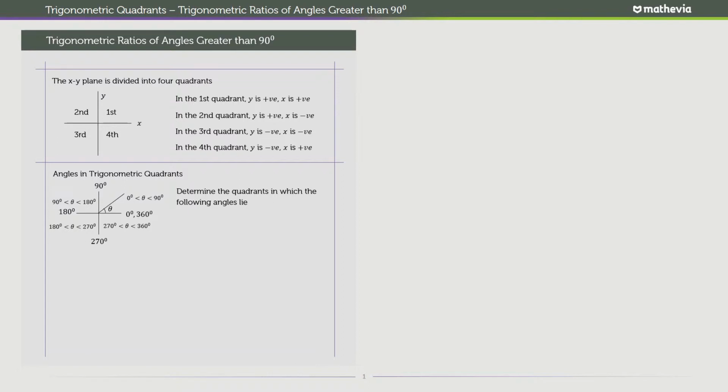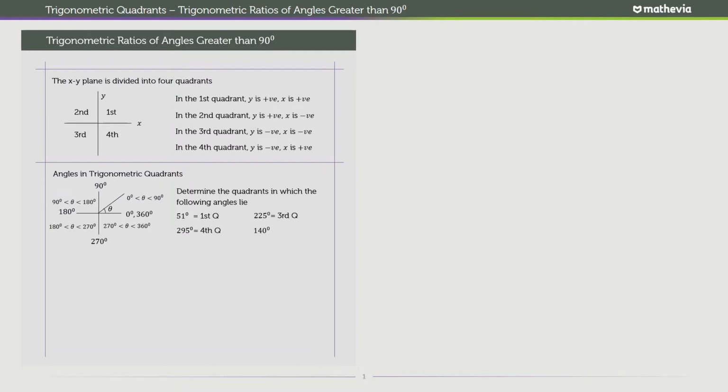So let's determine the quadrants in which the following angles lie. So I have 51 degrees, 225 degrees, 295 degrees, and 140 degrees. Now, for 51 degrees, we have our typical acute angle, first quadrant, okay? 225 degrees is between 180 and 270, so 225 degrees will be in our third quadrant.